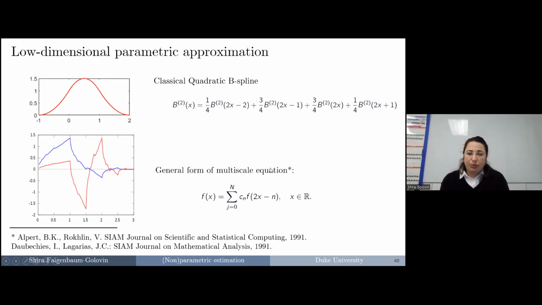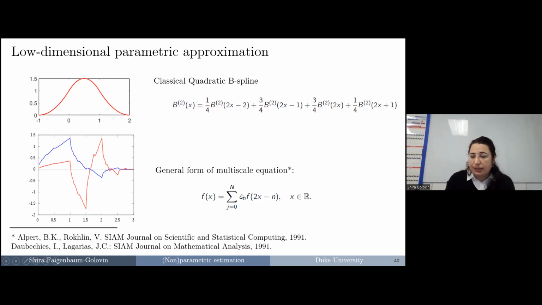Because we have some values of the function at a certain number of points in a support of 0 to big N, and we are able to use those values, just exactly like in the B-spline, and calculate the function at the next point of f of x.